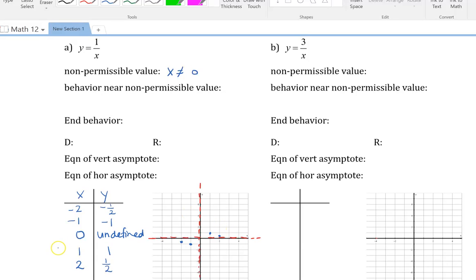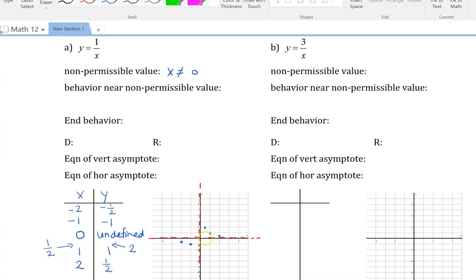Now, if I choose another point, to get a better understanding of what happens, if x is half, I have 1 divided by half, which means that I have a value of 2. So at half, it is 2. Now, the nice thing about rational functions is that they're actually symmetrical.